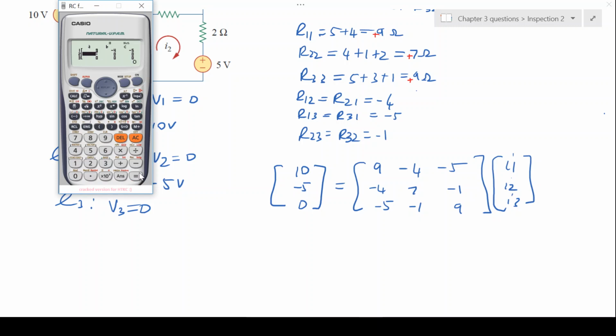The second coefficients, -4, 7, -1, and -5. The third coefficients, -5, -1, 9, and 0.